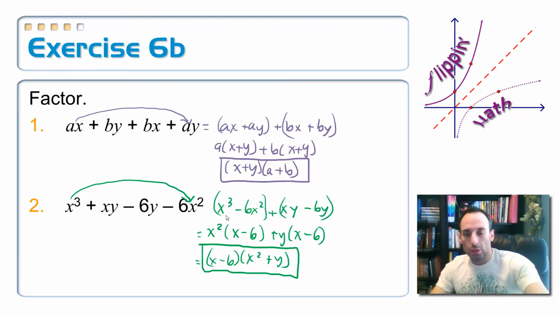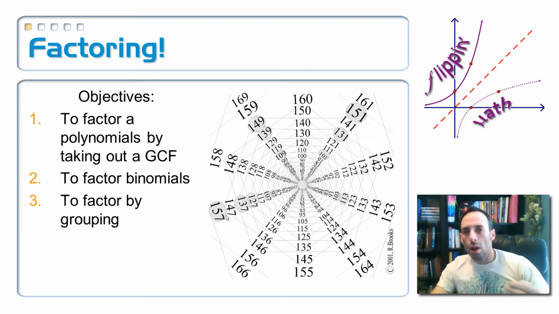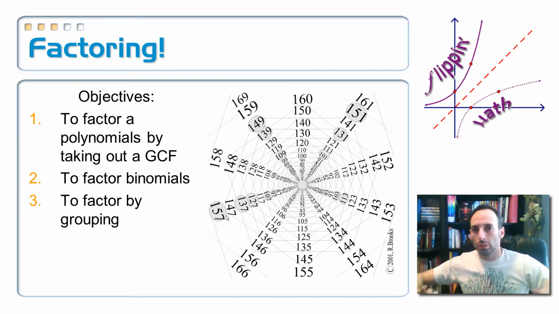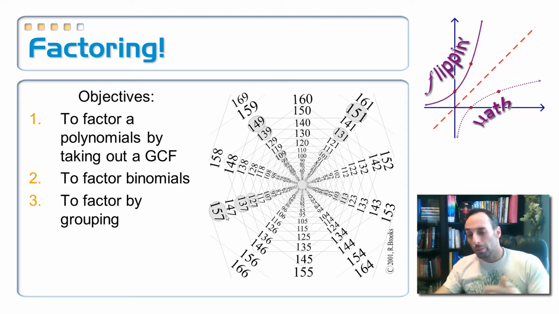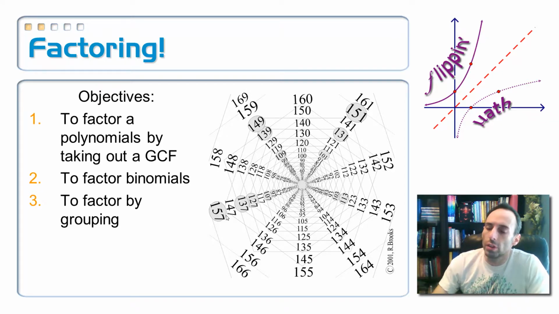All right, so that concludes our first set of lessons on factoring. We just factored by grouping, where the whole polynomial does not necessarily have a GCF, but if you pair terms up in such a way, you might be able to pull out a GCF from each pairing, and then what you're left with might be a new GCF that you can factor out.